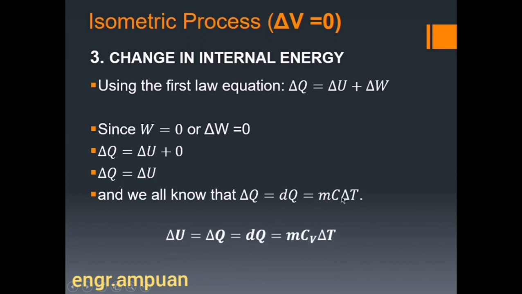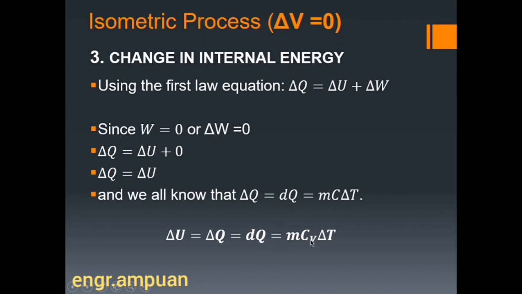And we all know that the heat transferred is equal to mcΔT. That is why our change in internal energy, which is also equal to the heat transferred, is equal to m times C sub V times the change in temperature. Why are we using C sub V?